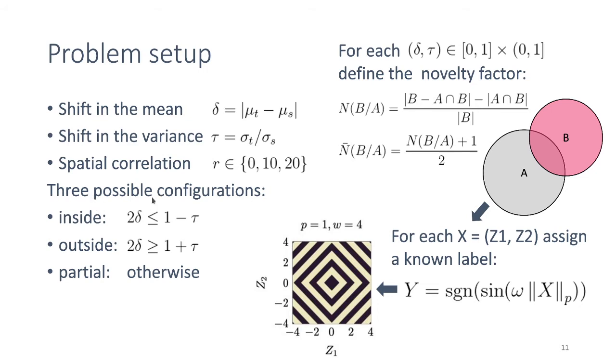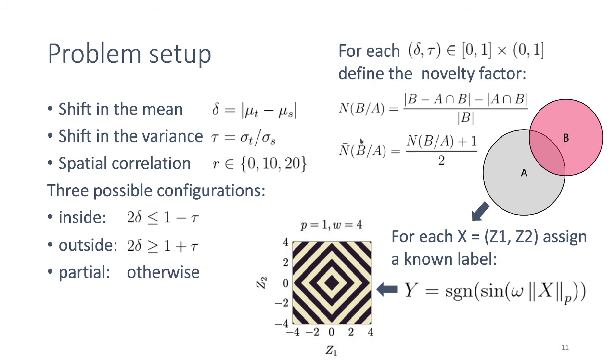These three configurations can be expressed analytically with these three expressions. For each covariate shift delta tau in this unit box, we define the novelty factor, or the difficulty of the problem, as what's outside of the source domain A minus what's inside in the intersection, normalized by the size of this target domain.